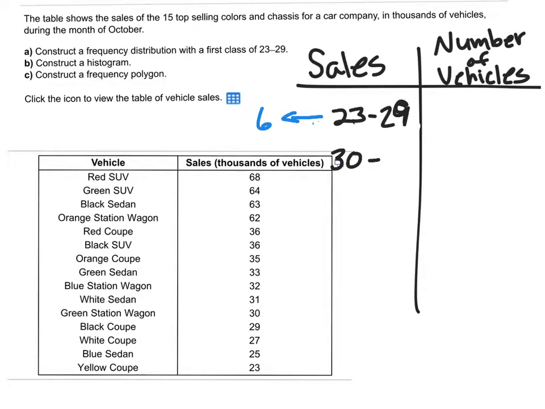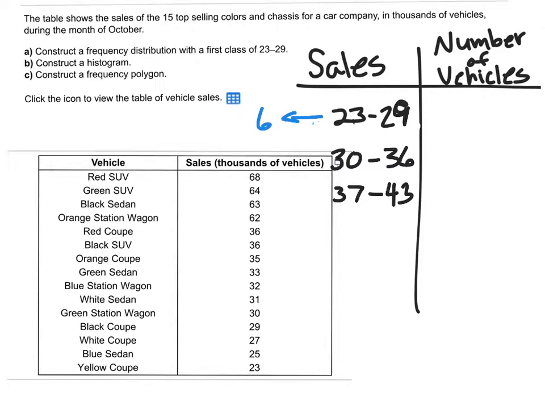They all have to have the same difference going all the way down. So the highest number in this interval needs to be 36. Since I ended with 36, I now start with 37 for my next class, and sticking with that trend of adding 6, my next one needs to be 43.